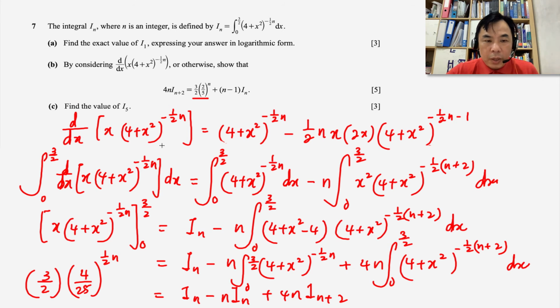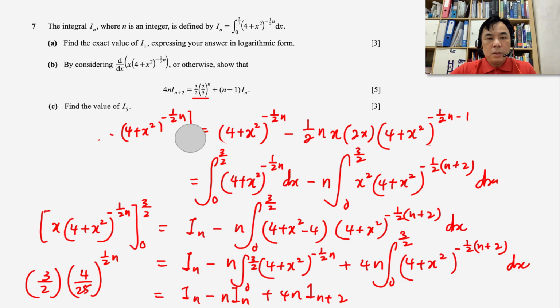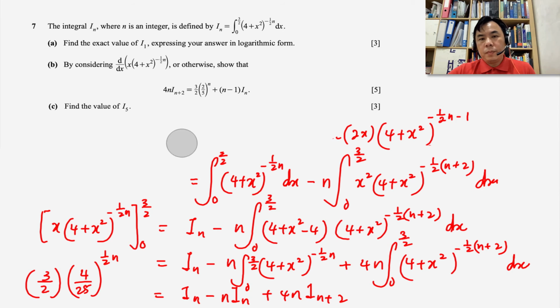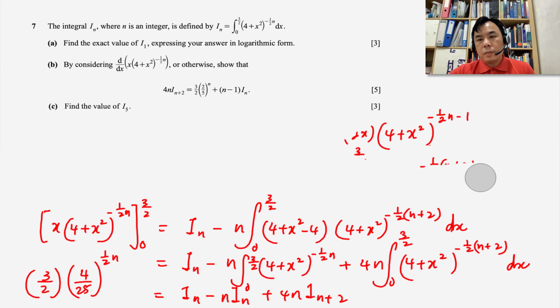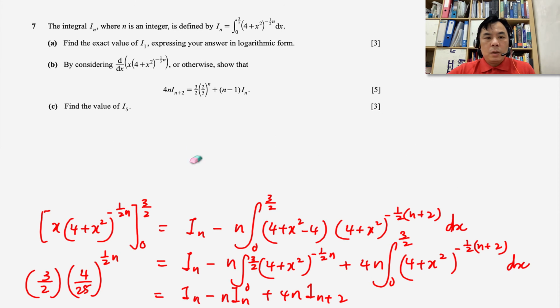I'm going to erase this part just to conclude for you to see how it looks like. Okay, we don't need this anymore. I'm going to conclude this. So I'm going to rewrite this one more time here. We have 3 over 2. This one can be simplified to become 2 over 5 I_n instead.